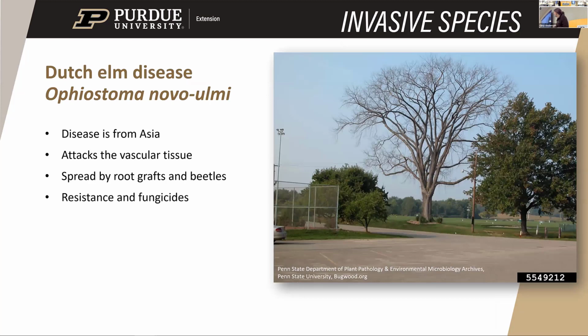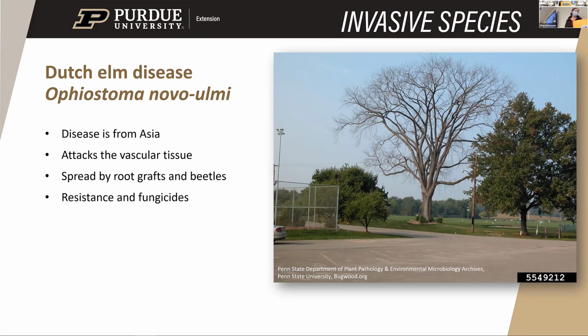There we go. Dutch elm disease, again from Asia, attacks the vascular system. It causes the xylem to plug up so the tree can't get water anymore. It's spread by root grafts and by beetles, and there is some resistance to it. Although it's known as Dutch elm disease, it is from Asia but was described by Dutch scientists, and that's why it's called Dutch elm disease. Elm trees were popular street trees because of their arching branches. The disease was introduced to the US in the 1930s.